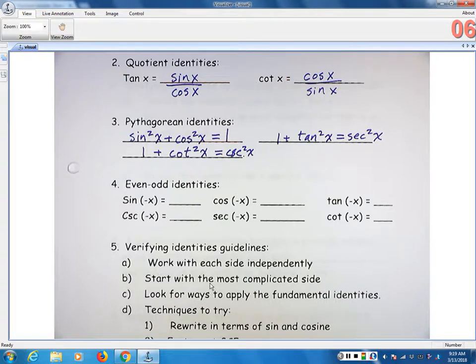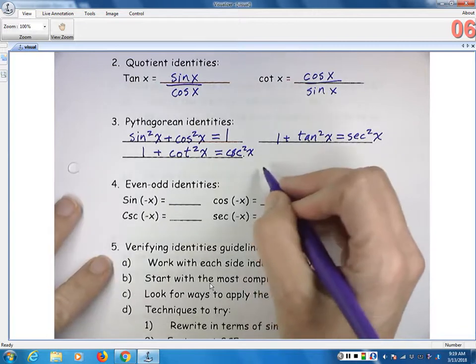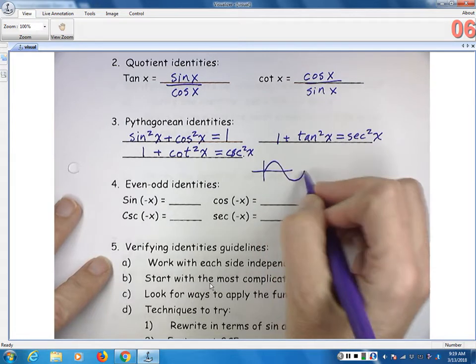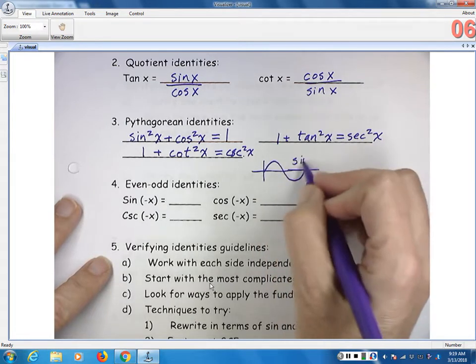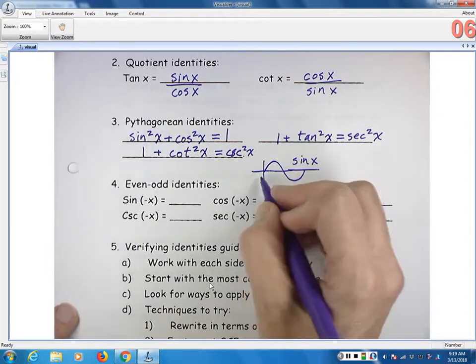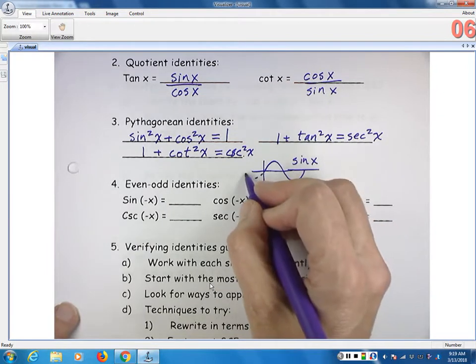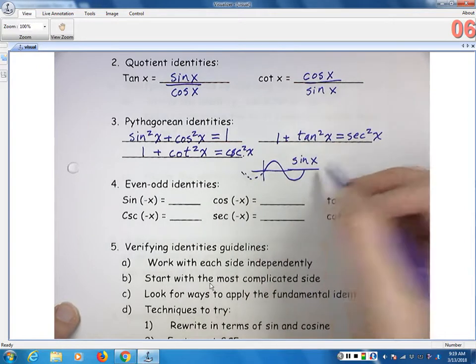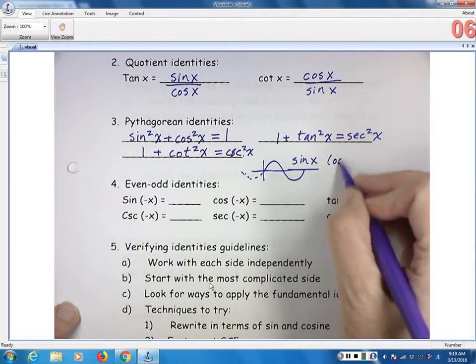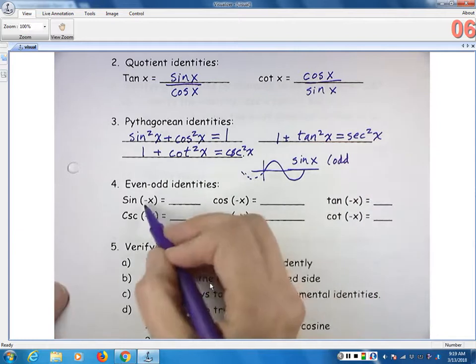Even and odd identities. If you have the sine function memorized, it looks like this, sine x, and it will continue like this. So is sine even or odd? Odd. So sine is odd.